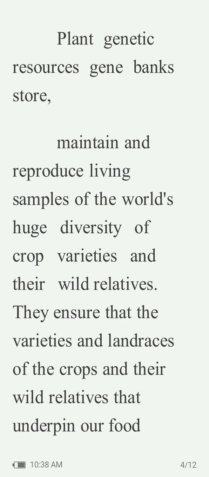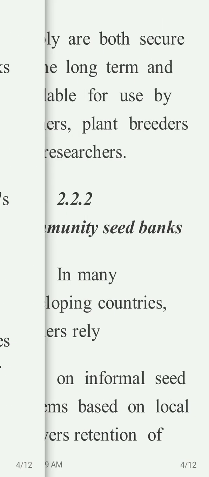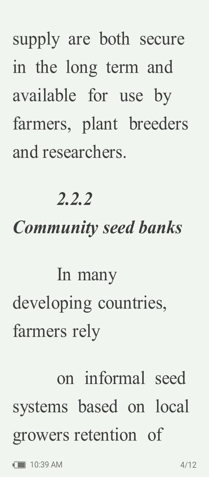Plant genetic resource gene banks choose, maintain, and reproduce living samples of the world's huge diversity of crop varieties and their wild relatives. They ensure that the varieties and landraces of the crops and their wild relatives that end up in our food supply are both secure in the long term and available for use by farmers, plant breeders, and researchers.